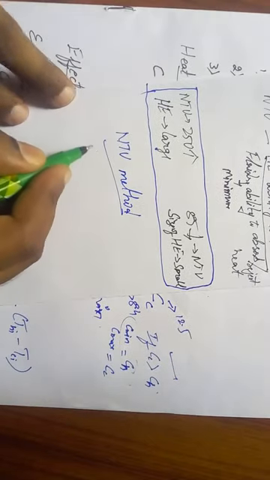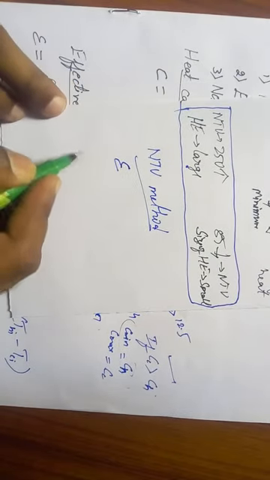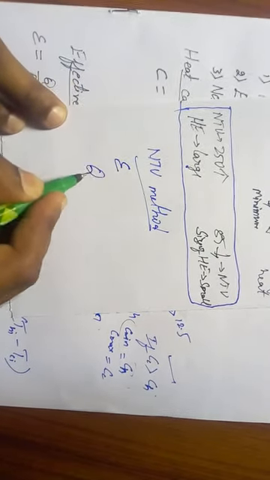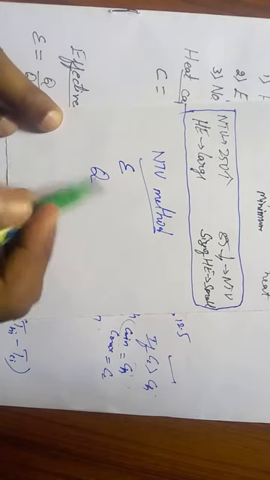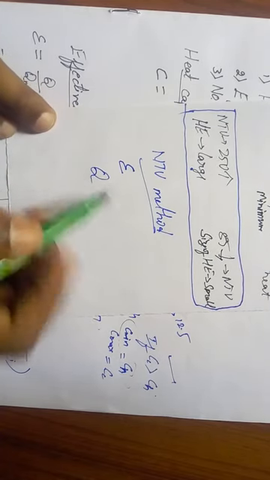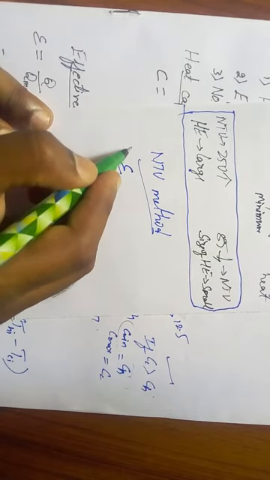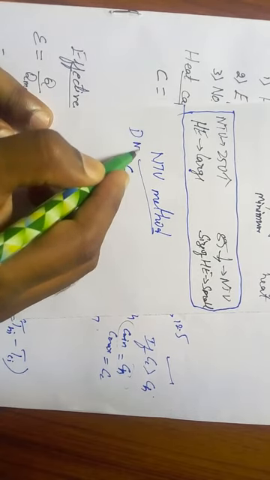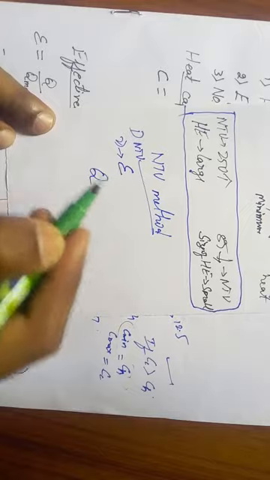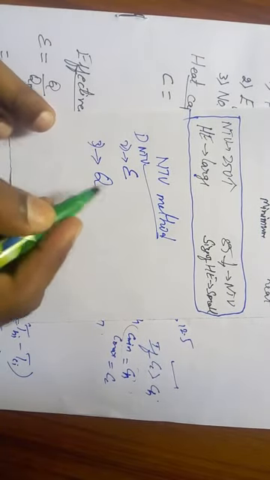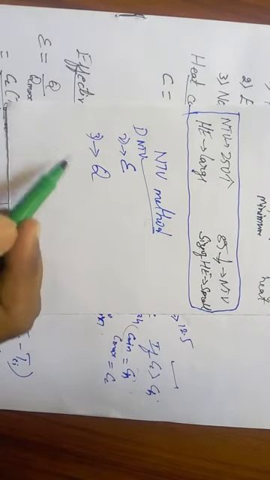Here we will be deriving effectiveness. With the help of effectiveness, we can calculate Q. It is not a direct method to calculate Q. In the first step we find NTU, in the second step we find effectiveness, and in the third step we find Q. This is what we will be doing in the numericals.